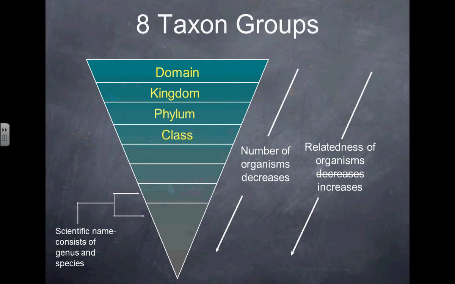From there we go to class, order, family, genus, and then our last level of classification is species. As we move down these groups, from domain down to species, we get more and more specific, and in each group there are fewer and fewer organisms.